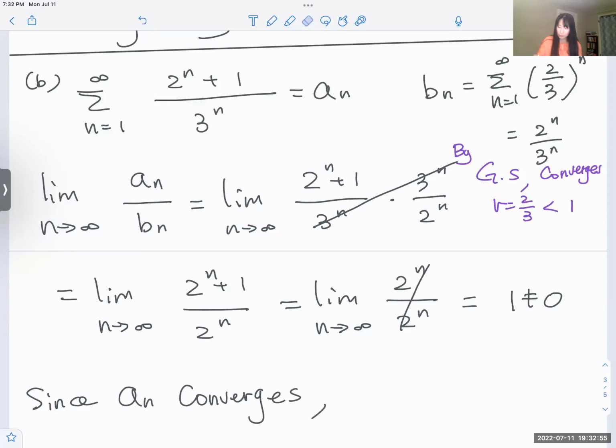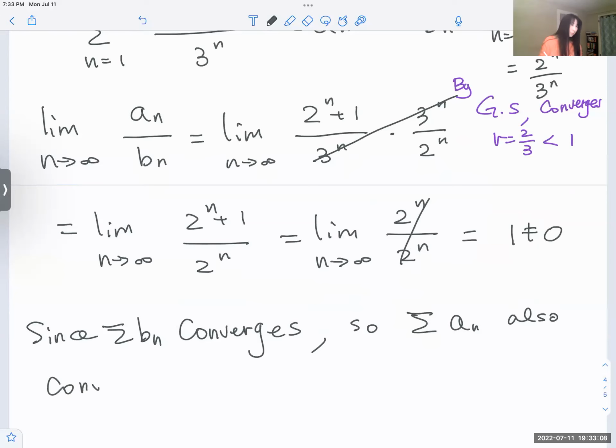I'm sorry, B sub n. The series B sub n converges, so the series of A sub n also converges by the limit comparison test.